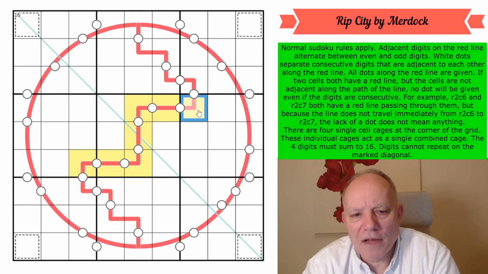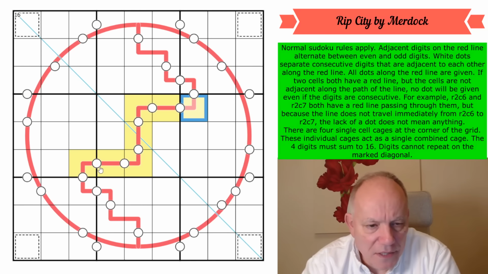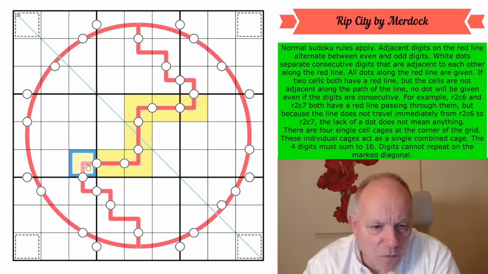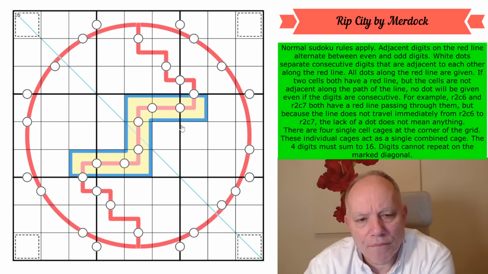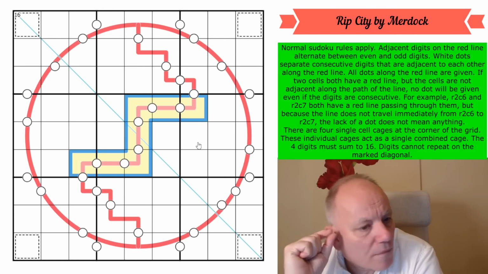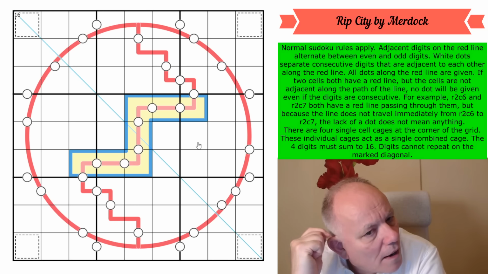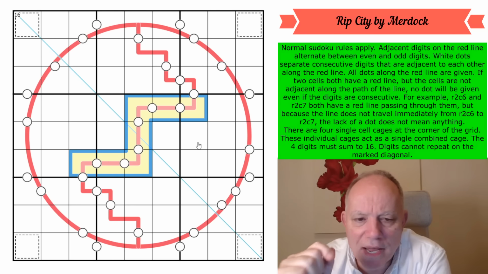And that's why I've added yellow to that cell. And the same is true here. If that was a 2 with a 3 there, this would have to be 1. So this is a 7-cell chain of sequence. I'm starting to wonder whether this is a puzzle for placeholders.